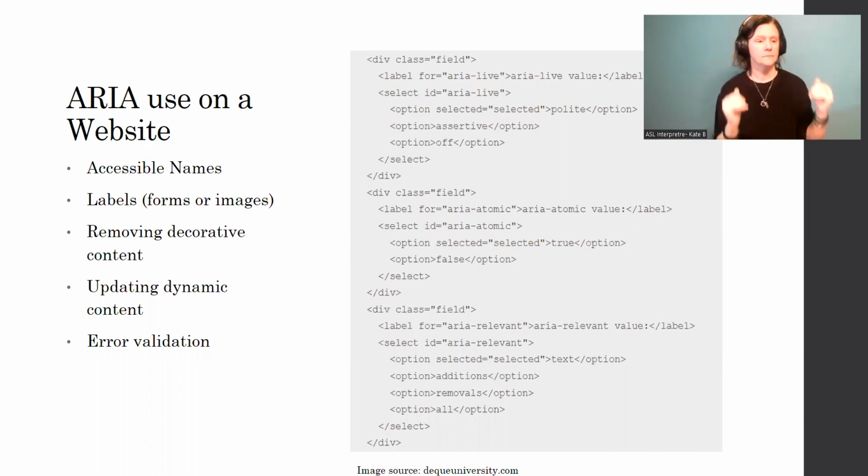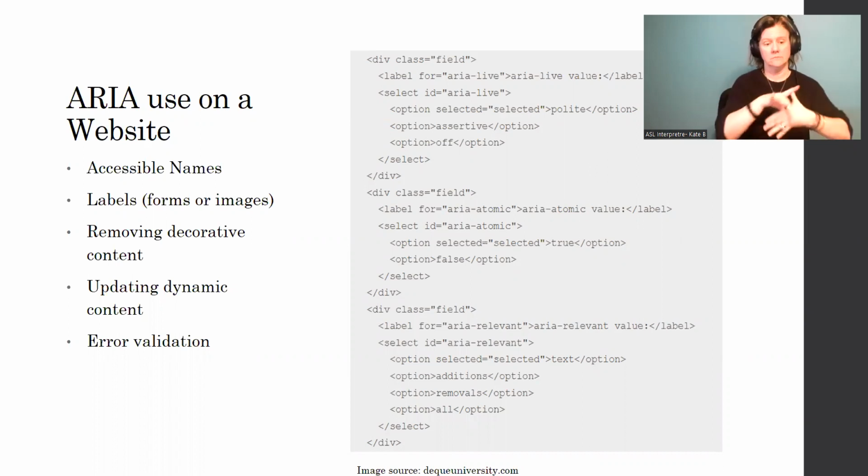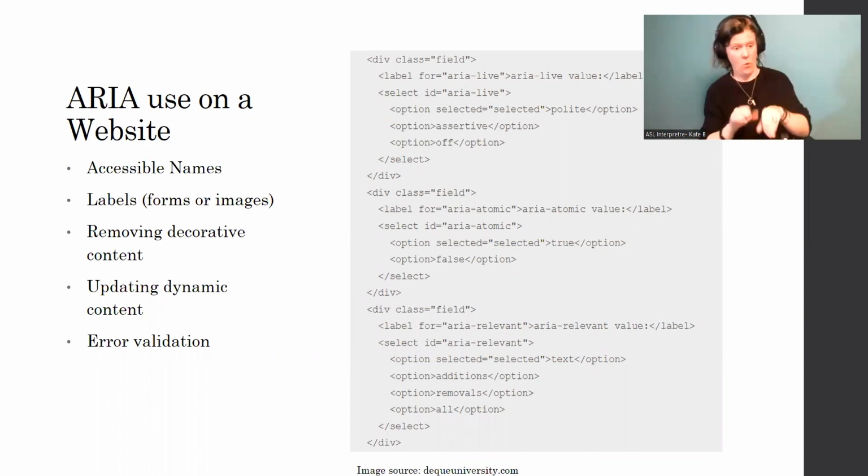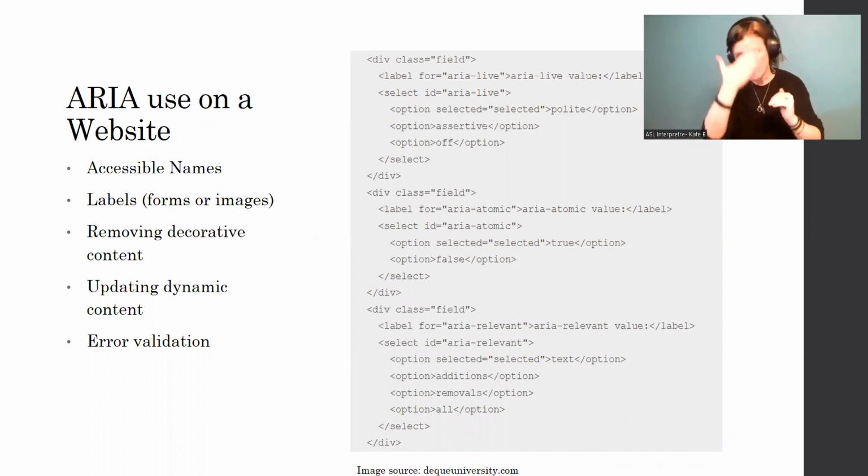It can be used to update dynamic content. Error validation: when you submit a form, if your phone number isn't in the right format, if you didn't fill out the city field, whatever, ARIA can be used to help convey some of that information and alert users when things are improperly done.